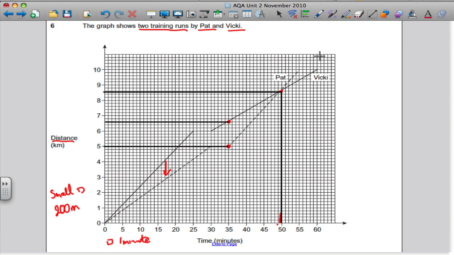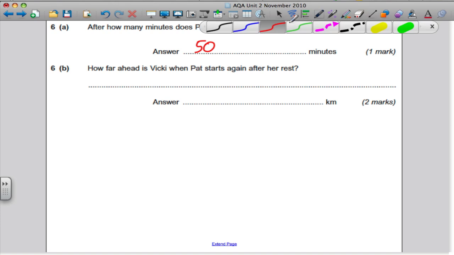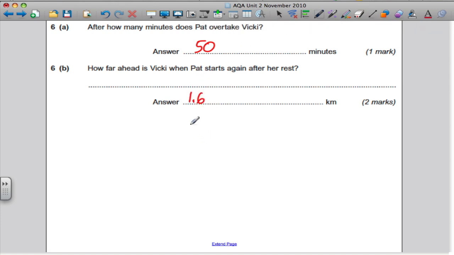You can see that Pat has travelled approximately 5 kilometers, and Vicky has travelled about 6.5, or slightly more than 6.5 actually. If each one's 200, she's travelled 6,600 meters. So the difference is 1,600 meters, or 1.6 kilometers. So in here, I would say 1.6 kilometers.